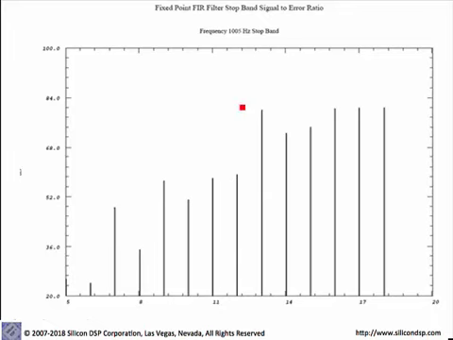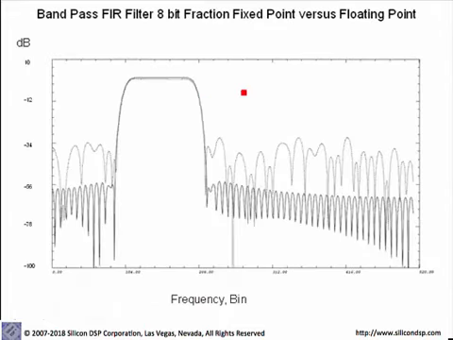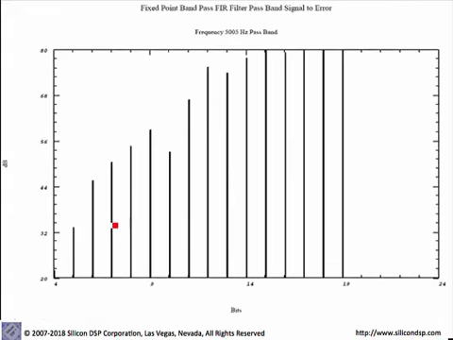These particular simulations are done with the frequency being 1005 Hertz, which is within the stop band of the frequency response. So if we look at the frequency response, 1000 Hertz is in this region here. And the next plot, we're looking at, again, signal to error ratio, but in this case we're using 5005 Hertz, which is in the passband.